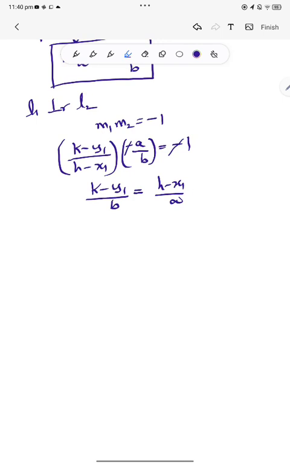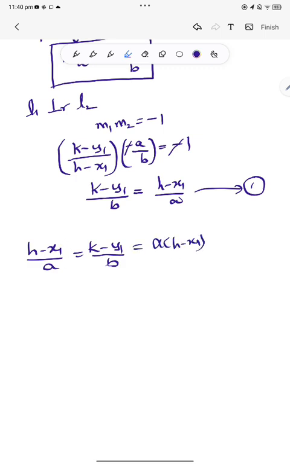To get the other half, we will use one condition here. The trick: (h − x1)/a = (k − y1)/b. What we will do is multiply h − x1 with a, that is a(h − x1), and multiply k − y1 with b, that is b(k − y1), and multiply a with a, that is a², and b with b, that is b². So we are multiplying h − x1 with a, k − y1 with b, and a with a and b with b to get one more term here.